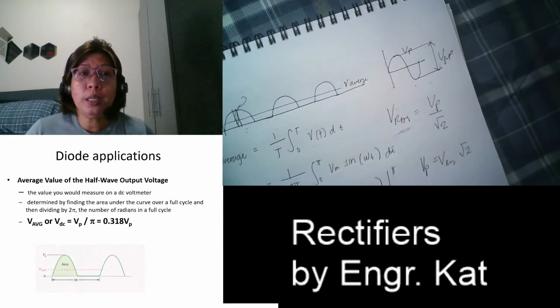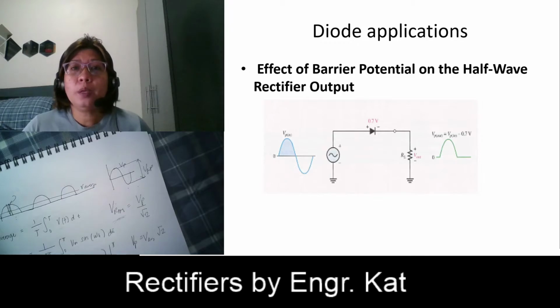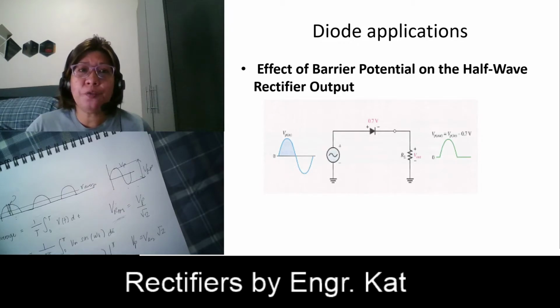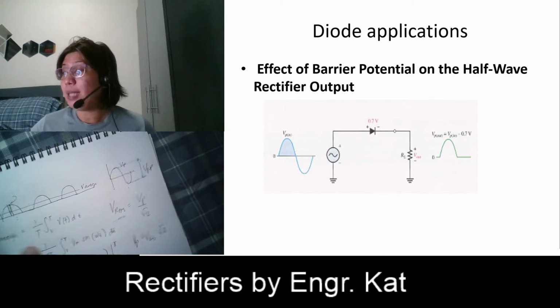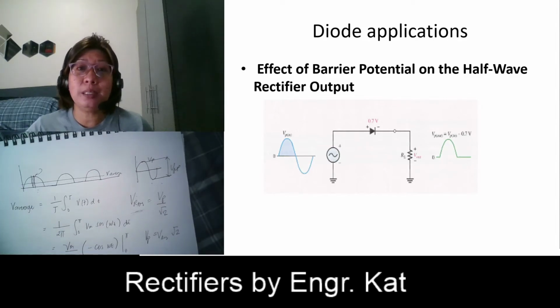Okay, so to continue, what if we have here a specific diode? It's not an ideal diode, just like what we did a while ago. Let's take for example a silicon diode, which has a 0.7 volt drop. When your diode is in the forward bias stage, it has a 0.7 voltage drop.